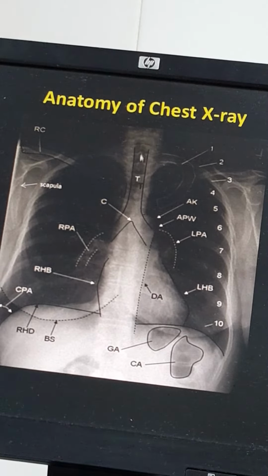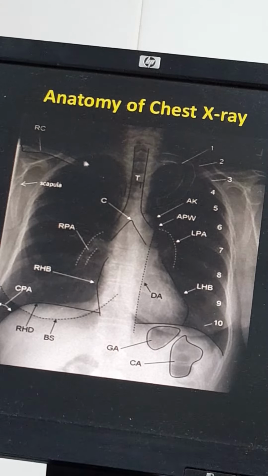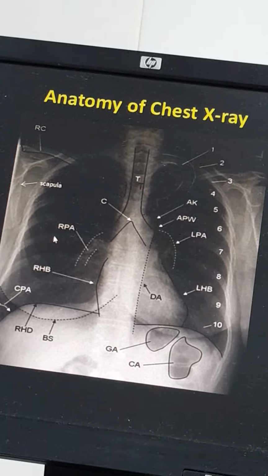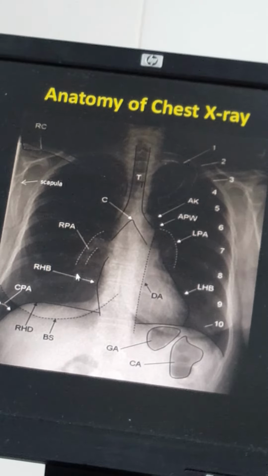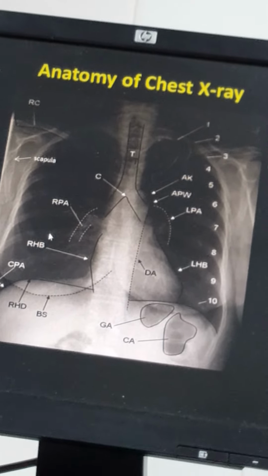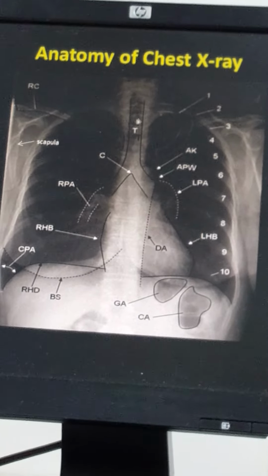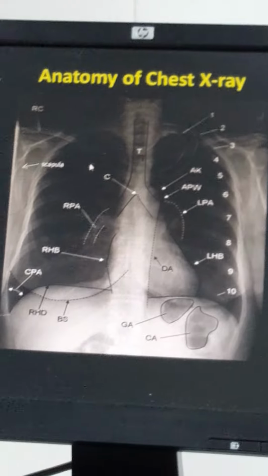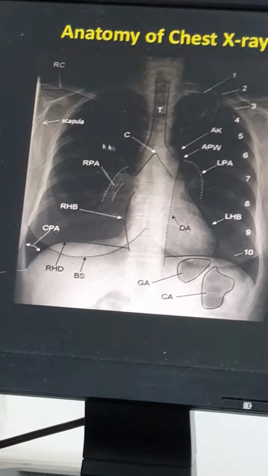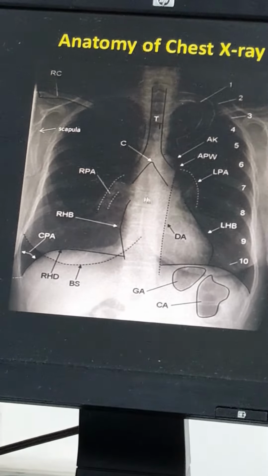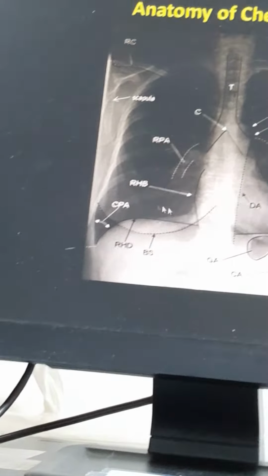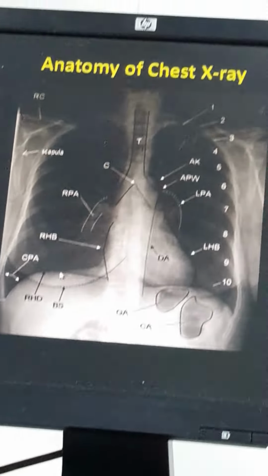The next is easy. Now we have the third posterior rib, the fourth, the fifth, the sixth, the seventh, and the 8th, 9th and 10th will be here. That means this is a good inspiratory film. This is how you count the ribs. Anterior ribs are easy to count: the first anterior rib, the second, the third, the fourth, the fifth, and the sixth anterior rib.